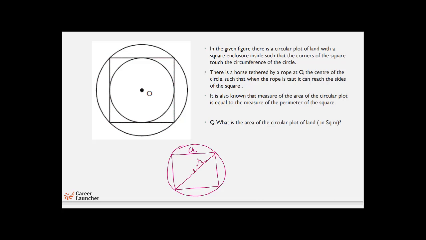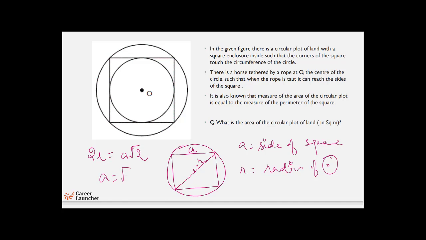Let's say A is the side of square and R is the radius of circle. As you can see, the diameter of circle also happens to be the diagonal of square. That means you can say 2R is equal to A root 2, or A is equal to root 2 R.